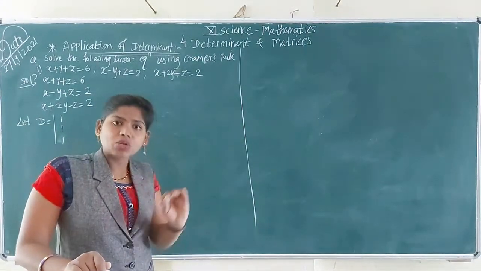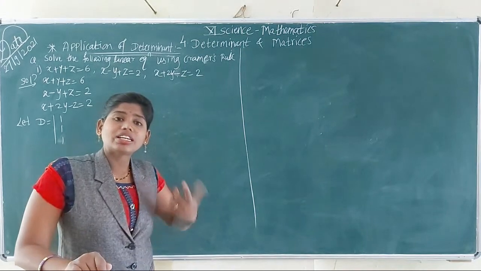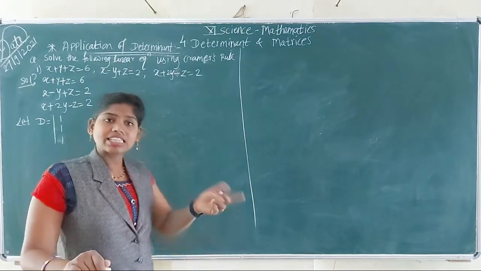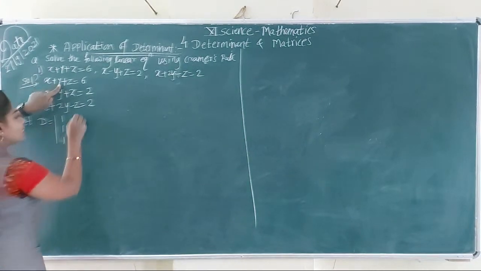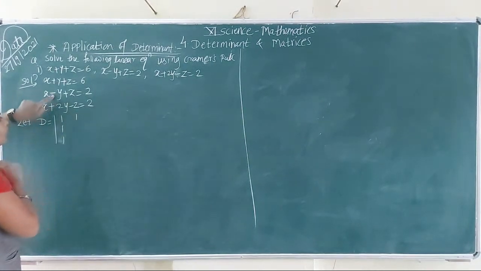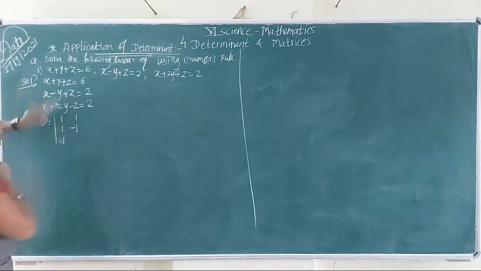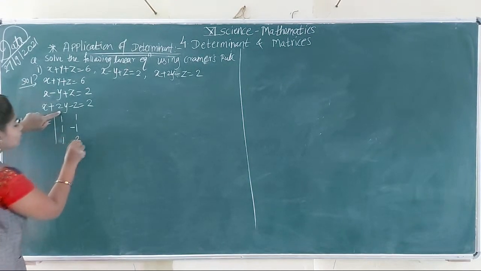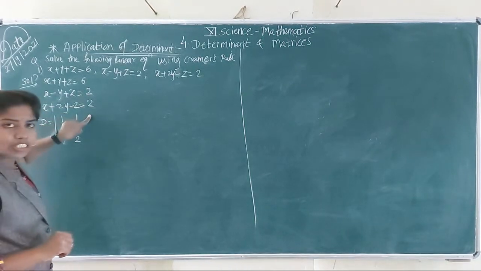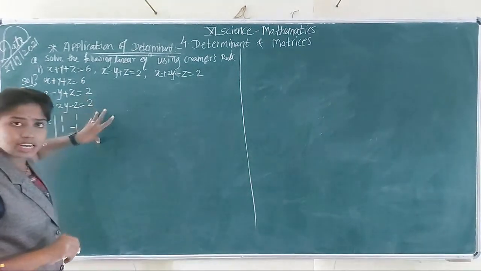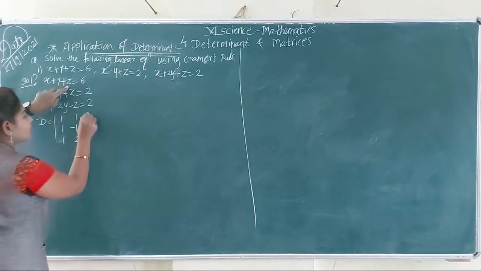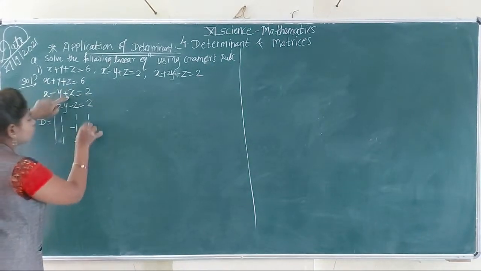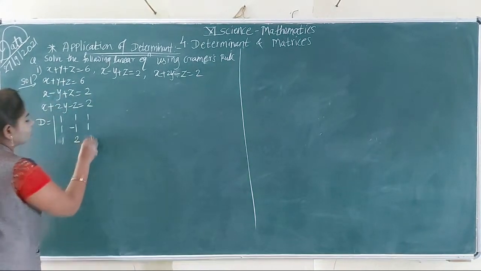Here the coefficient of y is 1, then -1, and here the coefficient of y is 2. Now in the third column write the coefficient of z. Here the coefficient of z is 1, here also 1, and here -1.